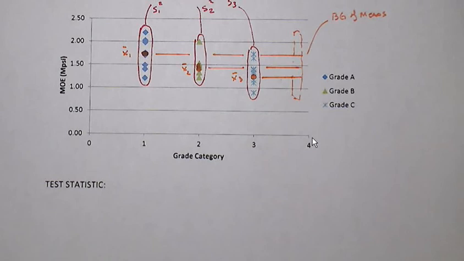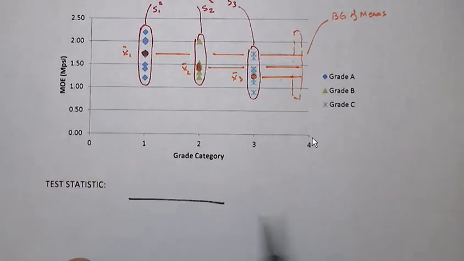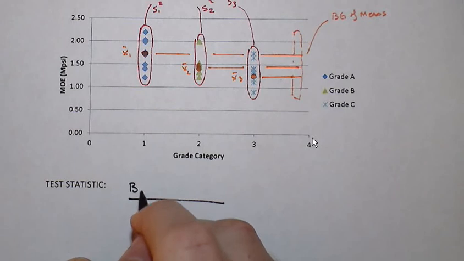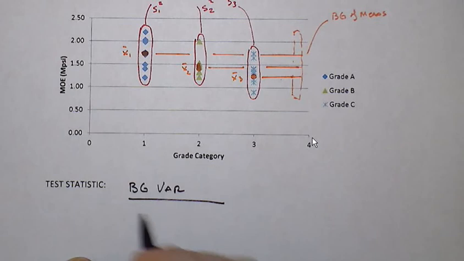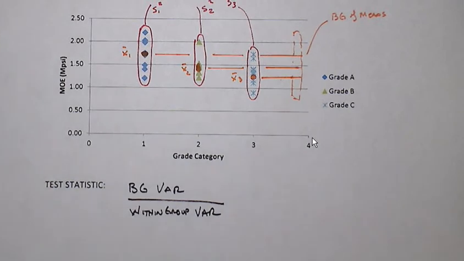The test statistic that we're going to look at is going to be the between samples, or between groups, variation divided by the within group variation. And that'll turn out to be distributed according to the F distribution, because we'll be looking at mean squares over mean squares. So basically variances divided by variances, a variance ratio.